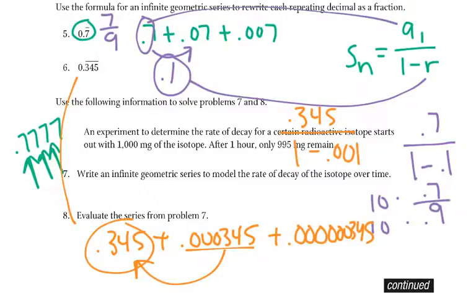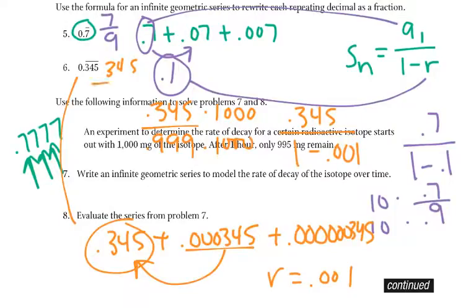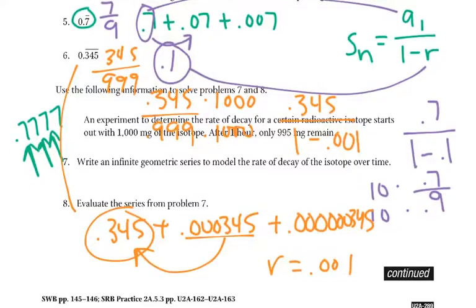And I was correct, so our r is 0.001, okay? So it would be 0.345 over 0.999, which we times these both by 1,000. Okay, we'd end up with 345 over 999. All right.